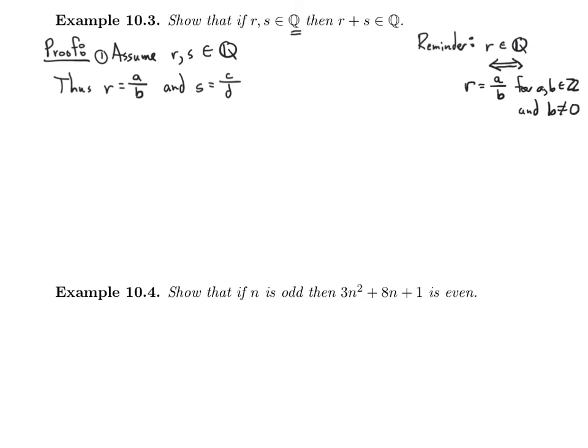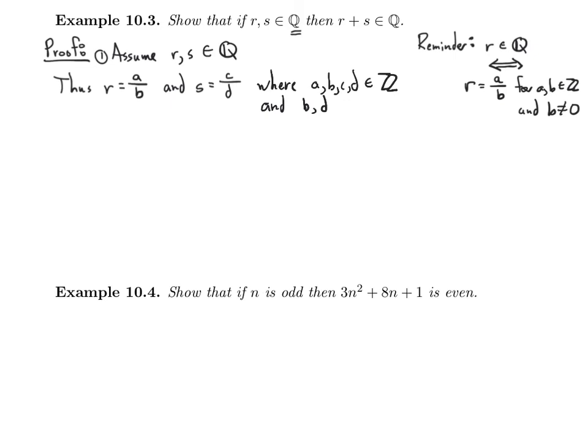Again, you don't have to use a, b, c, and d. You can use whatever letters you like, as long as they're all different. Remember, if it's possible for the numbers to be different, use a different variable. And again, I introduced these variables a, b, c, and d, so let me tell you what they are. a, b, c, and d are indeed integers, and well, we can't divide by 0.